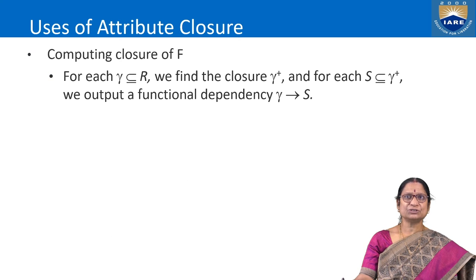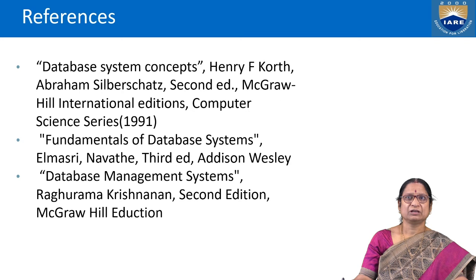So this attribute closure computation is also useful in computing the closure of F in less time. In general, we are able to compute F plus by applying our inference rules repeatedly, but computation of F plus is very expensive.